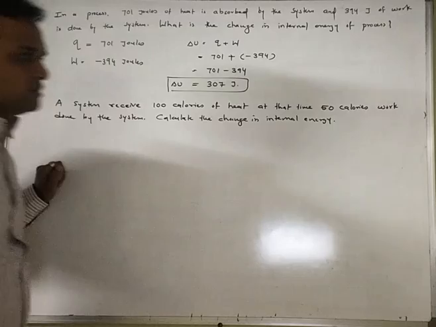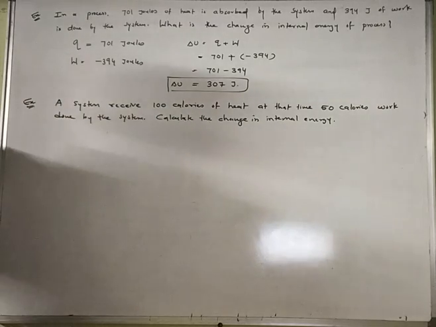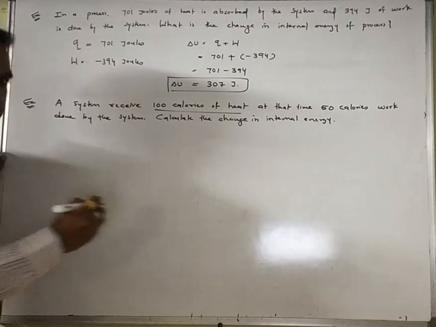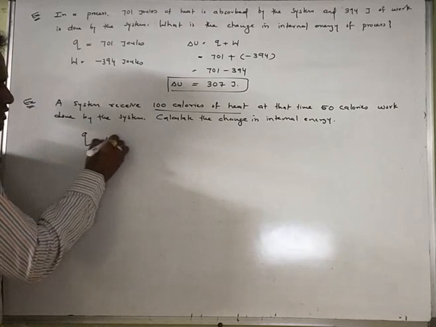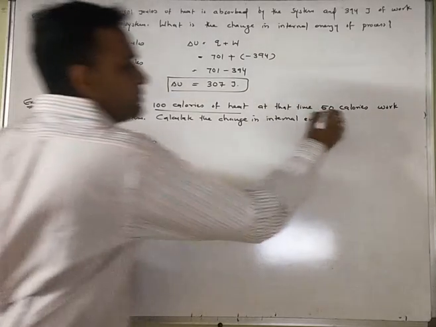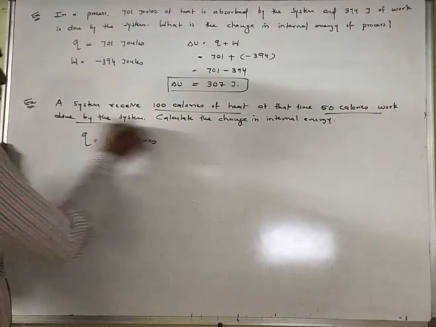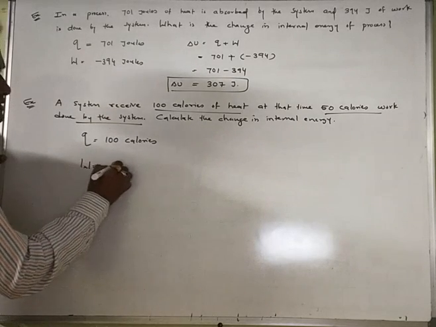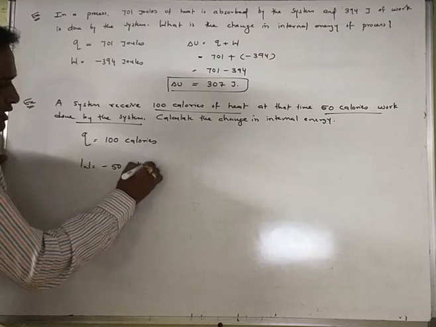Here you see, 100 calorie of heat is received, that means it is absorbed, so Q equals 100 calories, right? And 50 calorie work is done by the system, so I can write W equals minus 50 calories.